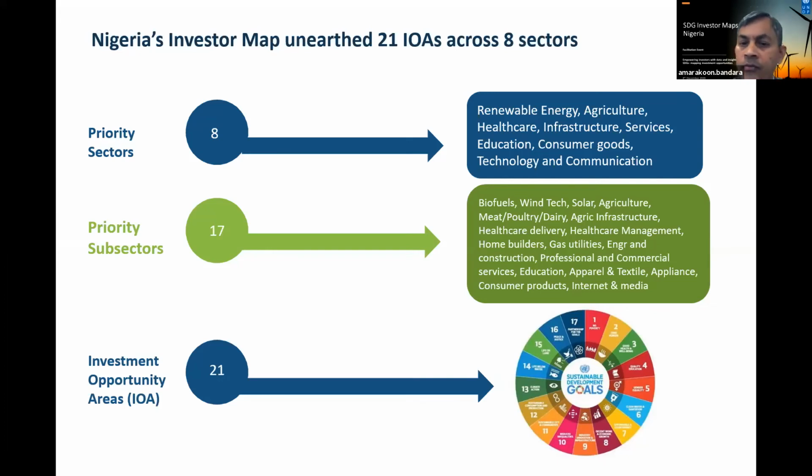It ranges from biofuel, wind tech, solar, to all the sectors that we are going to discuss today. Of course, today we are going to discuss only 3, but these stretch to all the sectors that are available. And out of these, we selected 21 investment opportunity areas cutting across all 17 SDGs.